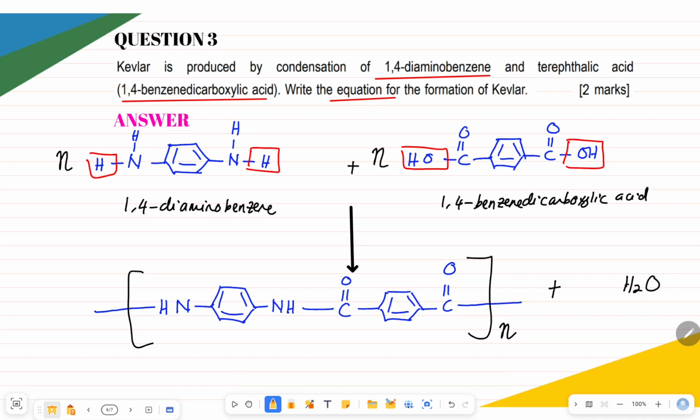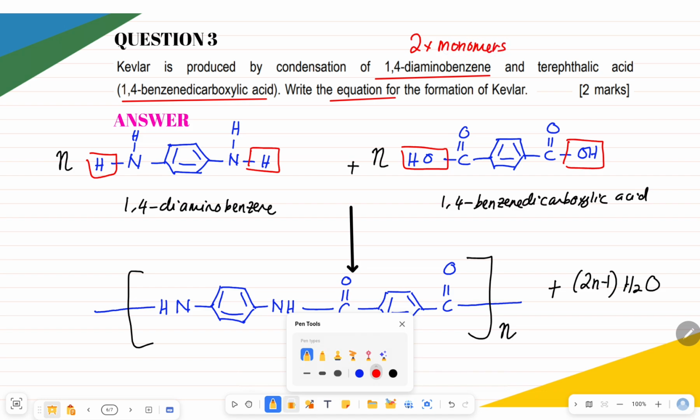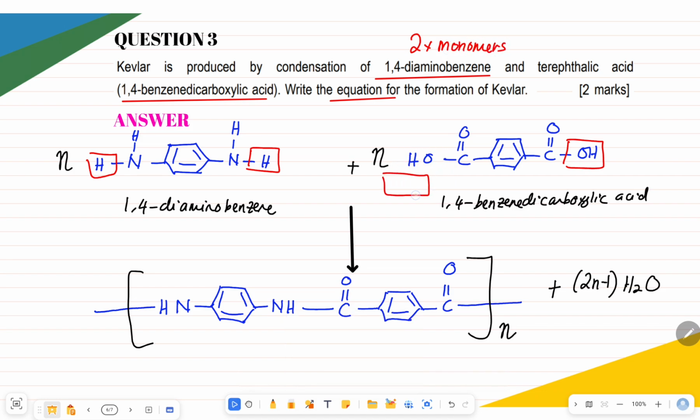Okay, but how many H2O? Because you are using two different monomers, H2O is going to be 2n minus 1 H2O. So when you are writing this equation, this bracket or this dotted symbol, you don't show.